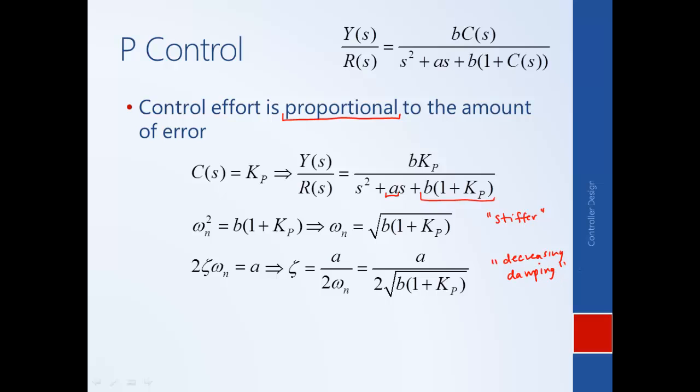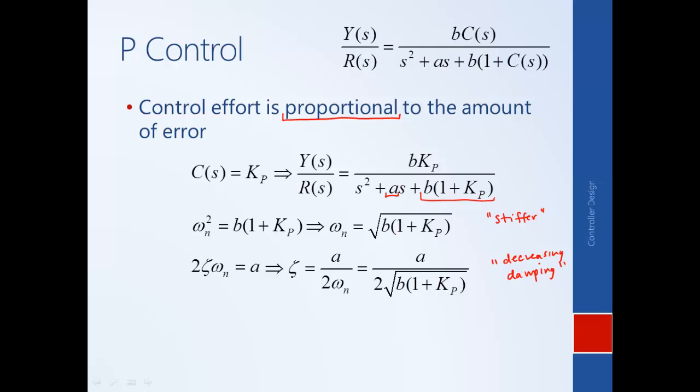These sorts of results are intuitive. By making the control effort proportional to the amount of error, if we increase kp, it will react harder to a specific amount of error. For a given amount of error, we get a given amount of control. If we increase kp, for that same amount of error, we're going to apply more control.